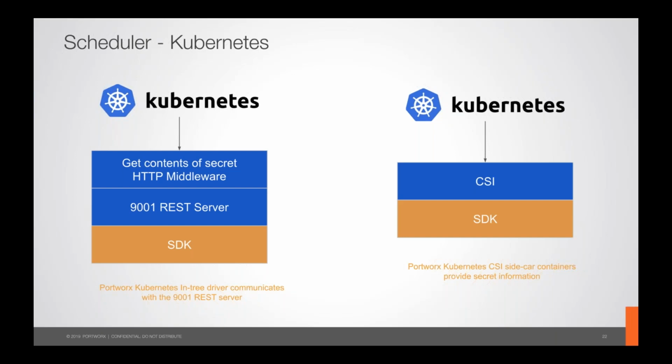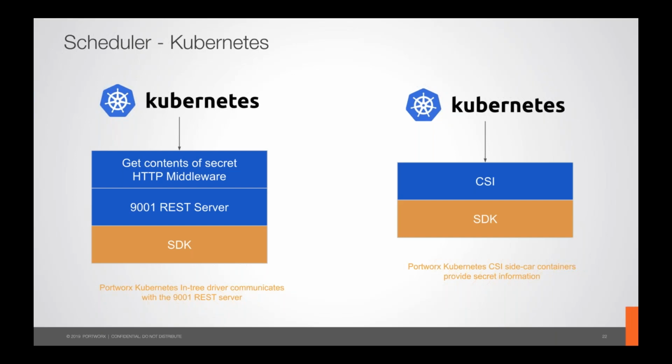If you're coming via CSI, then CSI is very tightly integrated into SDK because the CSI sidecar containers provide all the secret information that we require to correctly apply the security controls via the SDK. Now, by doing it at the SDK level, we already have a benefit because we are supporting clients coming through two different mechanisms.